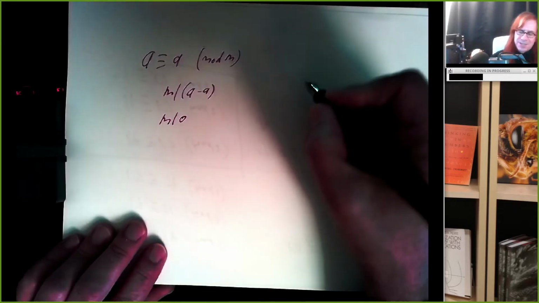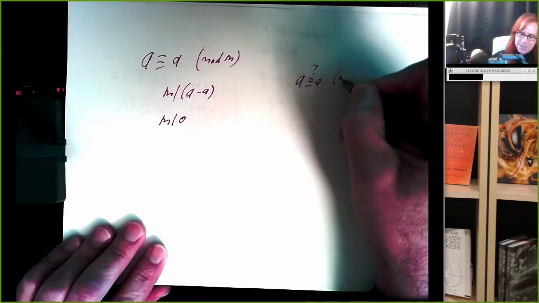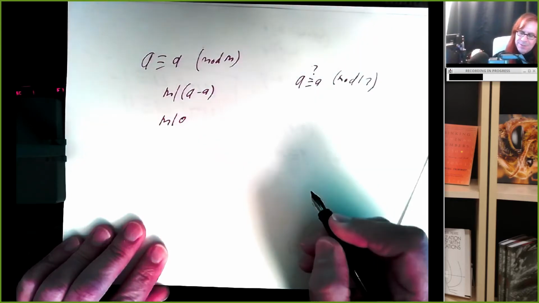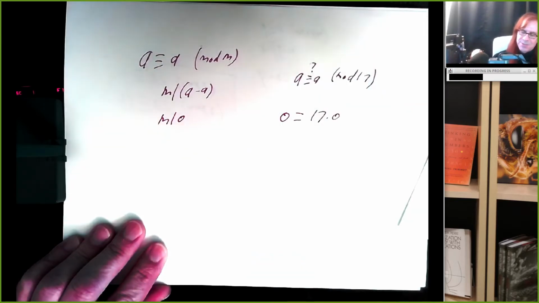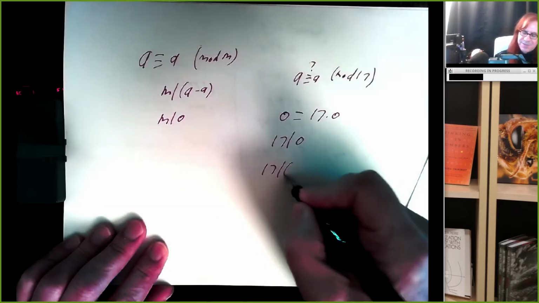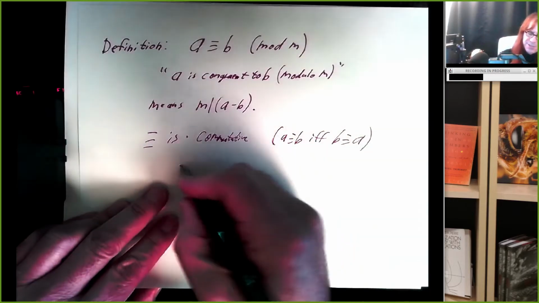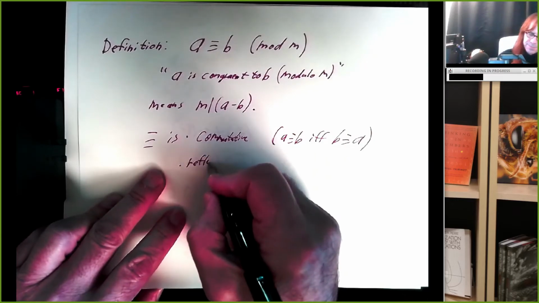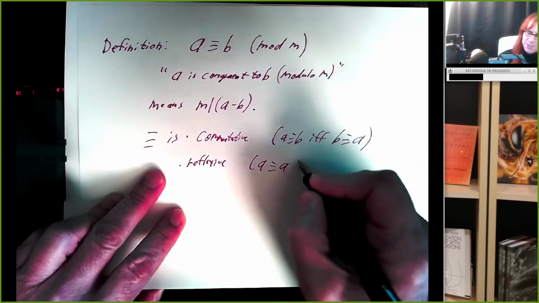If I want to show a is congruent to a mod 17, well, I know that 0 equals 17 times 0. So 17 divides 0. So 17 divides a minus a. So congruence is commutative. It's also what we call reflexive, which just says a is always congruent to a.